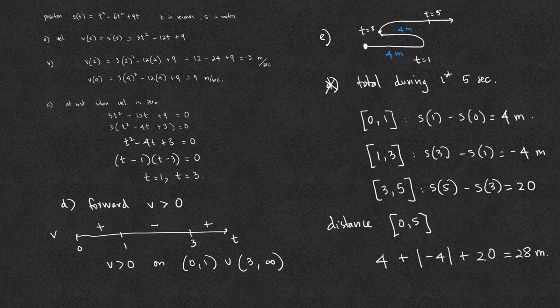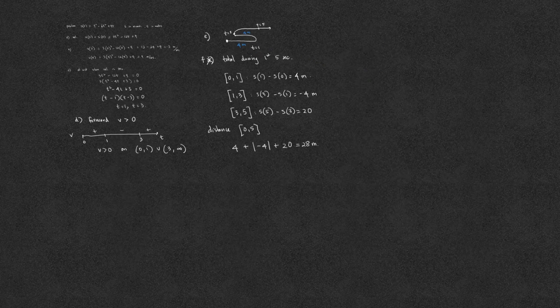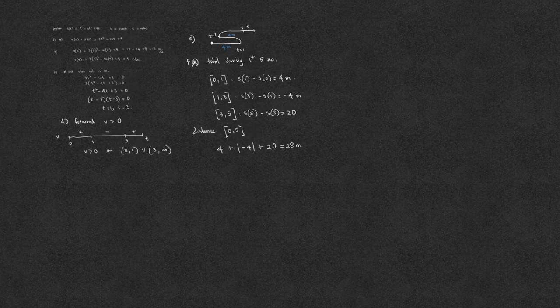Next, find the acceleration at time t, any arbitrary t, and then find the acceleration after 4 seconds. The acceleration is the derivative of the velocity. The velocity is 3t squared minus 12t plus 9, and so the acceleration is 6t minus 12.